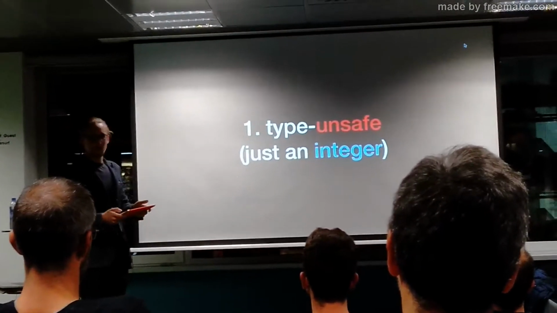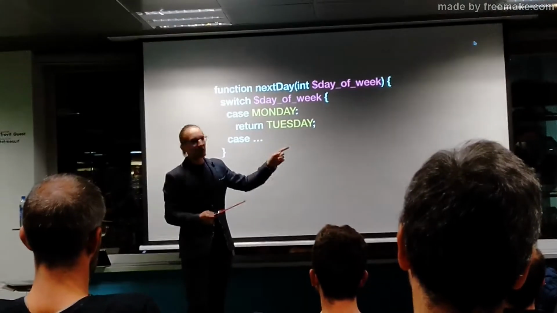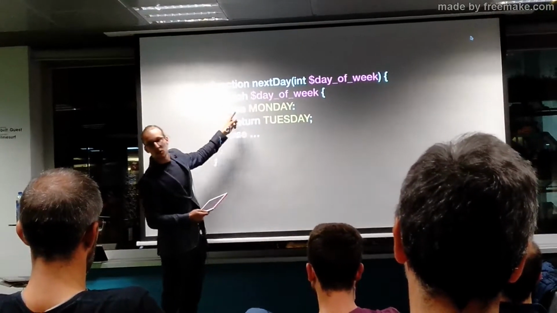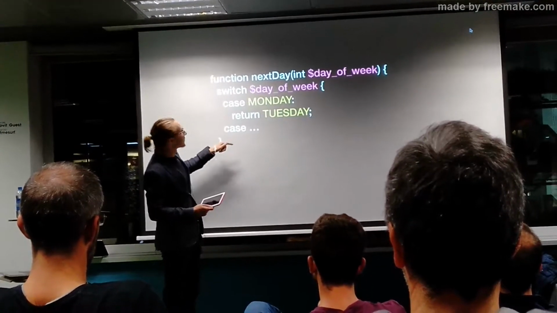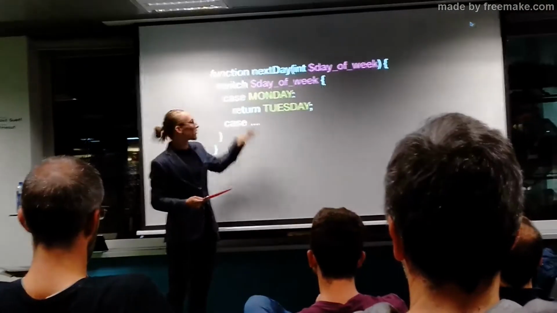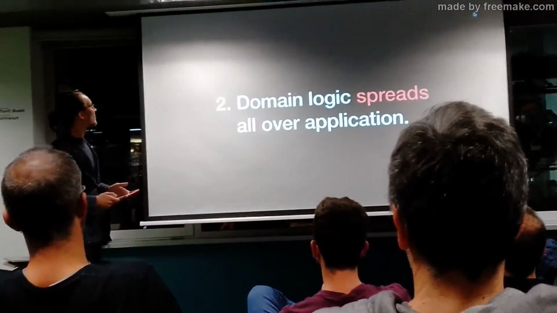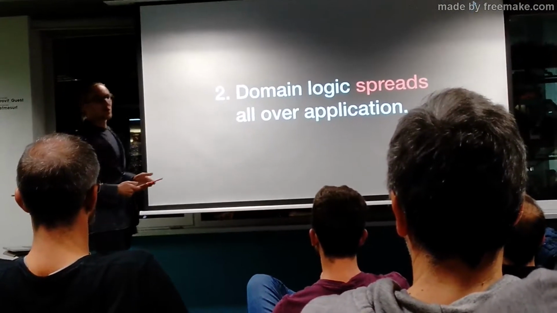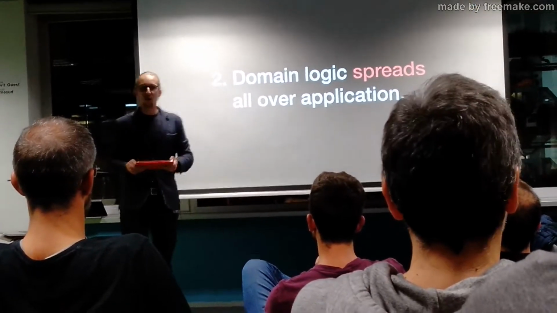So it's type unsafe. Another problem is that every time you use a value, you have to have a switch or a lot of ifs, which will go through all the values, and then there is some behavior here on this line. And this domain logic, which was in a function, spreads all over your application.